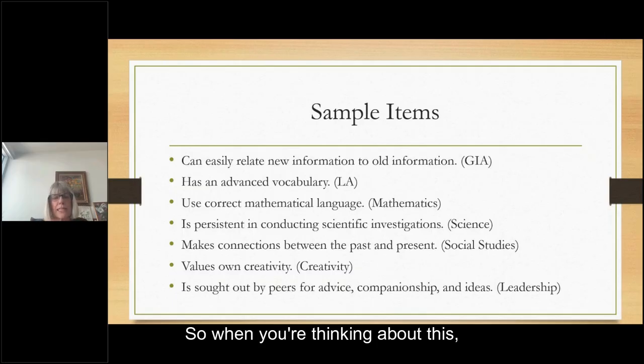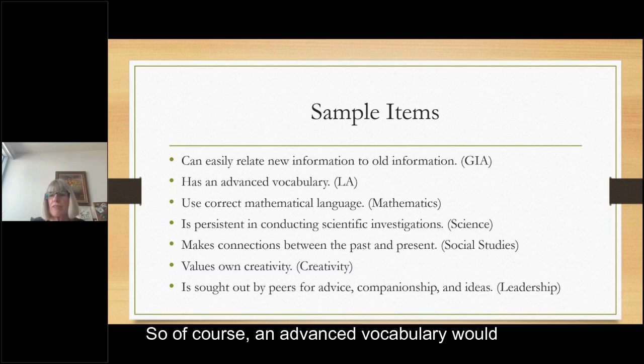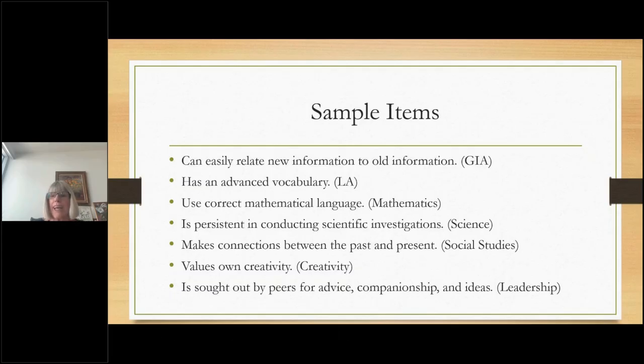When you're thinking about this, you are going to be comparing the student's vocabulary in relationship to other students who are of the same grade and the same background. So of course, an advanced vocabulary would look very different for a grade 3 student and a grade 8 student.